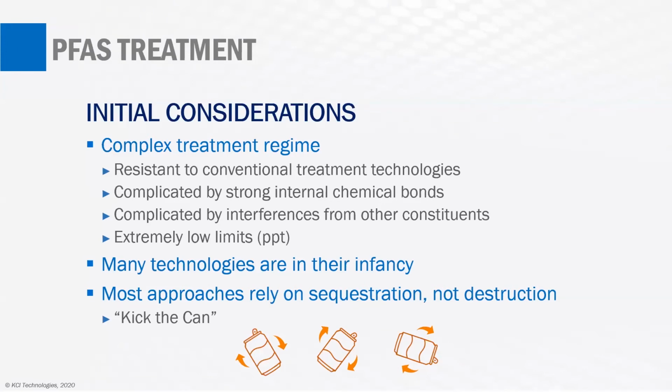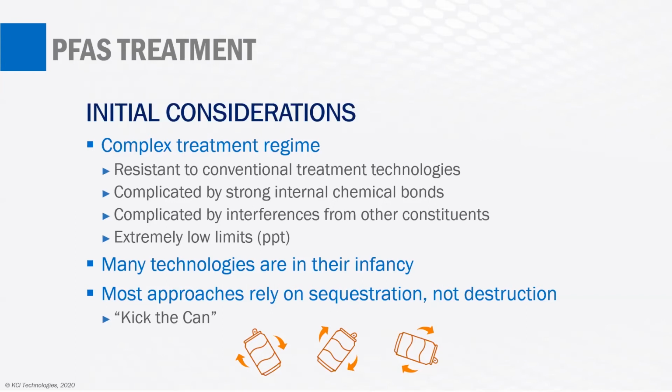But another complication is because we're at such low limits, parts per trillion, there's going to be interferences from a lot of other stuff that's in that wastewater or that water. If you're familiar with any, for example, oxidation processes, oxidants like chlorine tend to be preferential towards certain compounds, and it takes them longer and it takes a higher dosage for them to be effective for other ones.